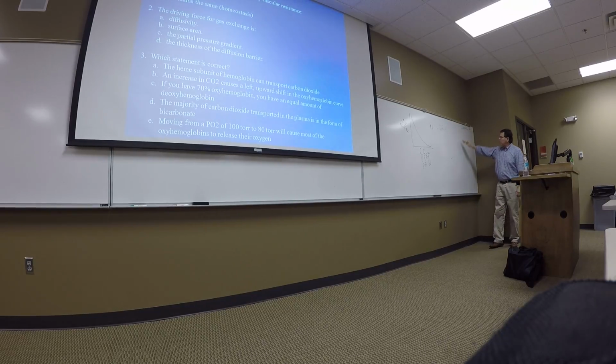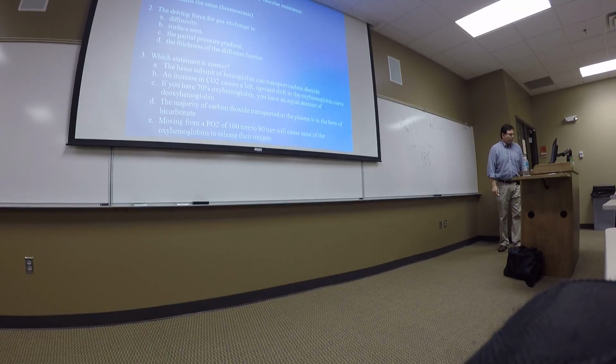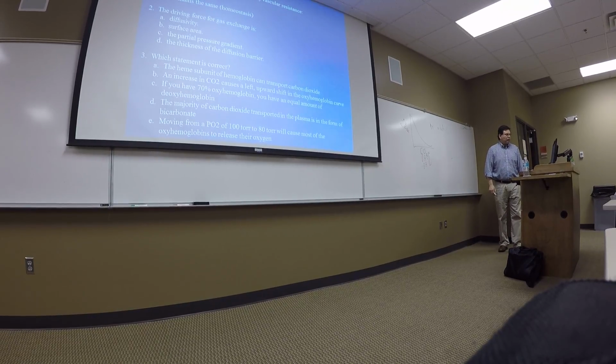So what this is telling me is when you're in a high oxygen environment, you have a lot more oxyhemoglobin than when you're in a very low oxygen environment, then you have much less oxyhemoglobin. So this is asking about if you have an increase in CO2. Would it cause a left upward shift, or let's just draw it in here, a right downward shift? Which would it be?